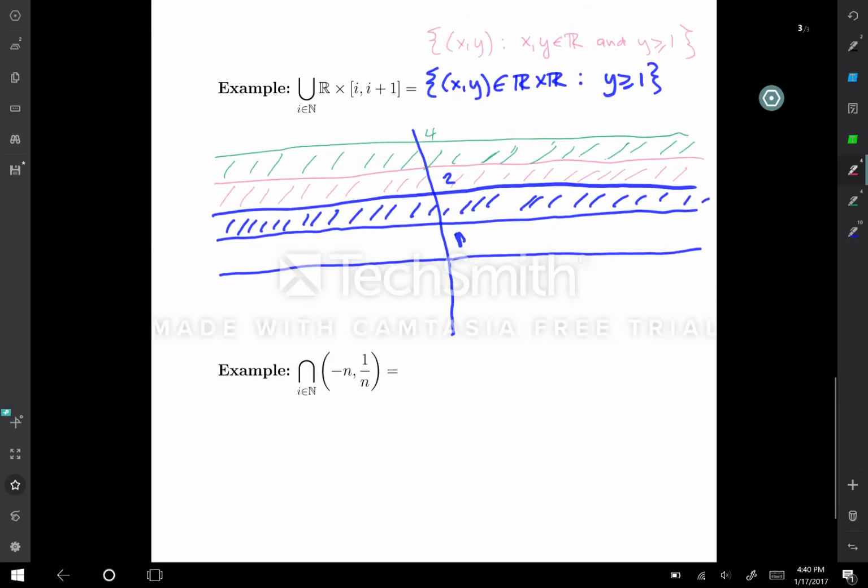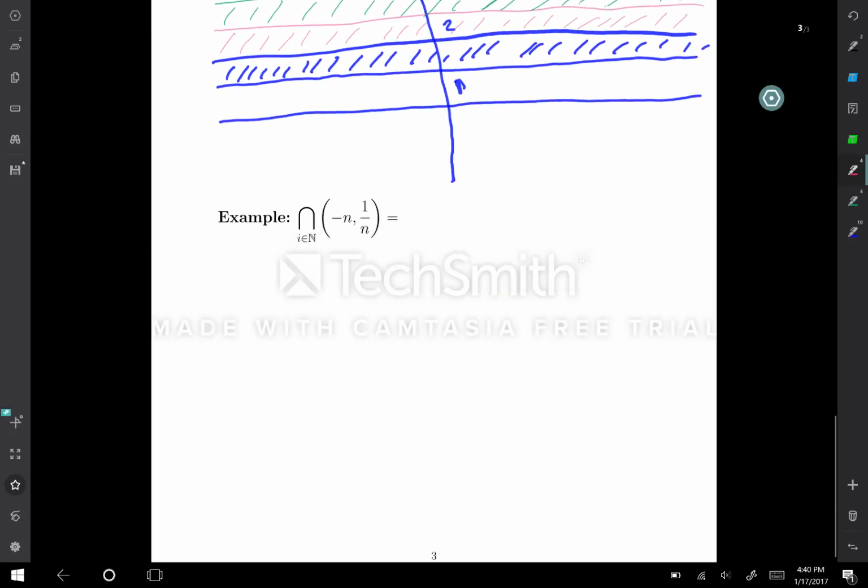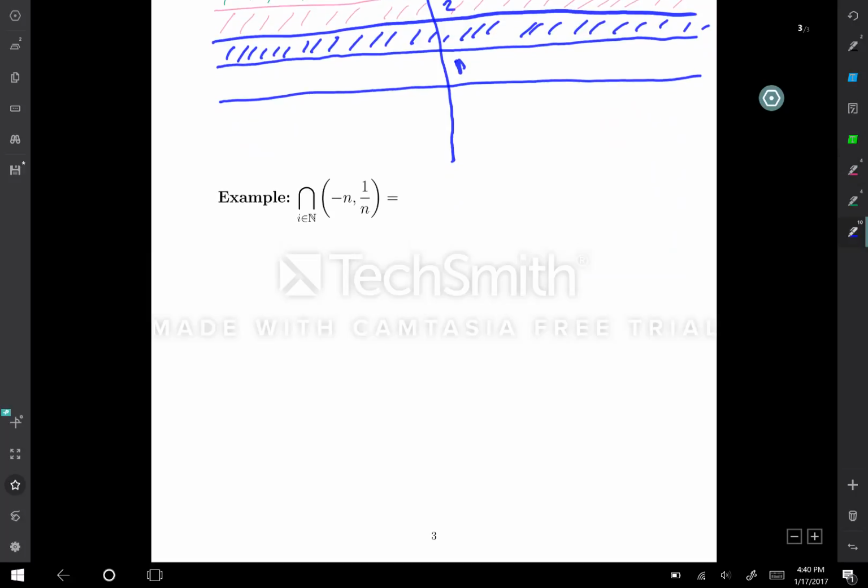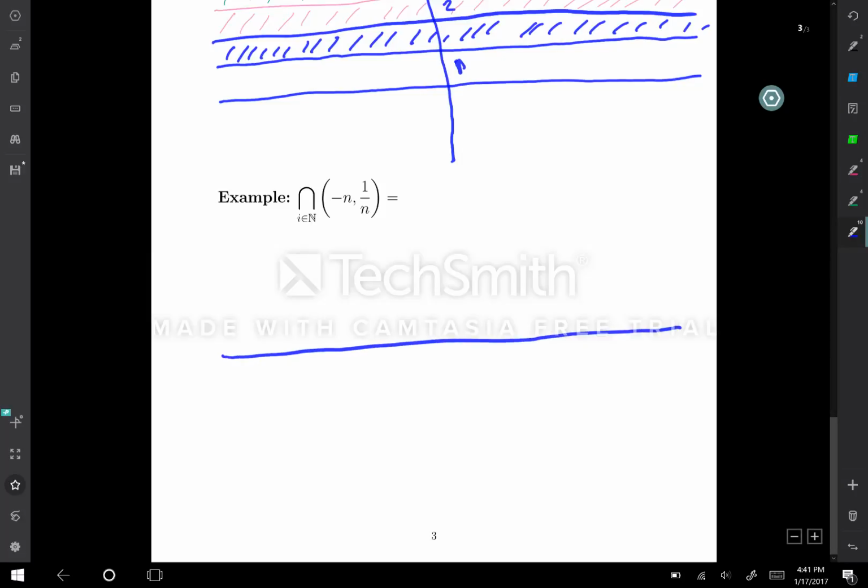So looking at one last example, we're going to look at the intersection. Again, our index set is the natural numbers of intervals that span negative n to 1 over n. So, again, if we picture this on the real line, what do these pairs start to look like?